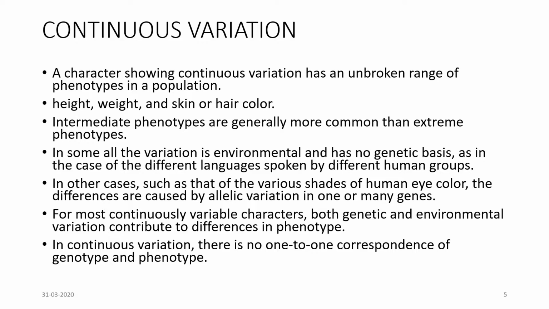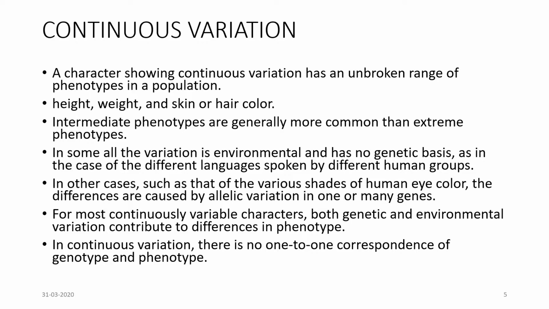So a character showing continuous variation has an unbroken range of phenotypes in a population. Examples of continuous variation are height, weight, skin and hair color. In between phenotypes you can find. But in discontinuous variation, you find only the extreme phenotypes. In continuous variation, along with the extreme phenotypes, you find the in-between phenotypes also.